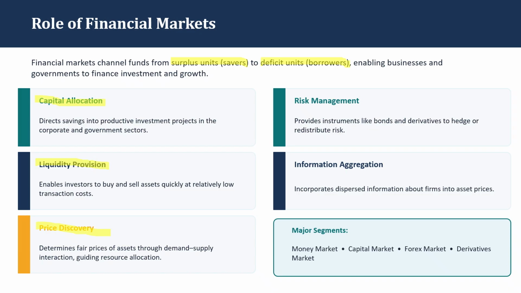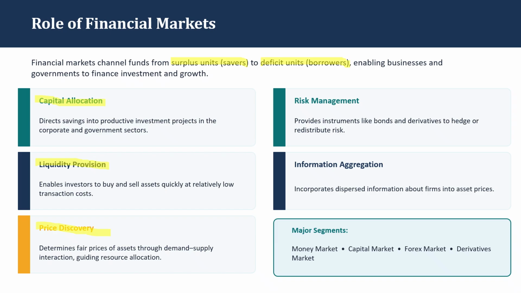Through the continuous interaction of demand and supply, that is through bids and offers, the market discovers a price at which trades actually take place. So the market price is not perfect, but it is a powerful signal.